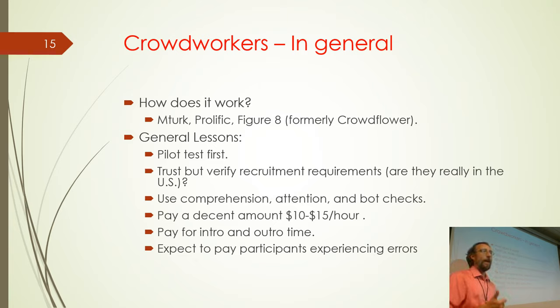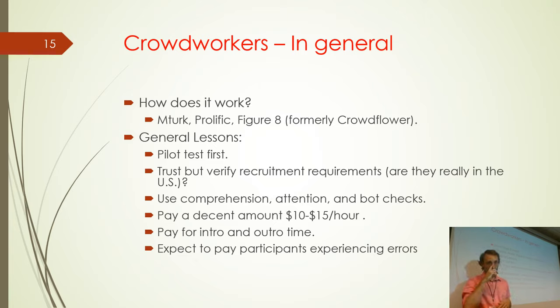When you're calculating pay, you want to make sure that you take into account how long it's going to take people to go through the consent process, the training, the orientation, the comprehension and attention and bot checks. Very often we forget that there's a lot of overhead time to the study, and we say, oh, this is a 5-minute survey, so I'm just going to pay people the dollar it would cost to do $12 an hour for the 5 minutes.